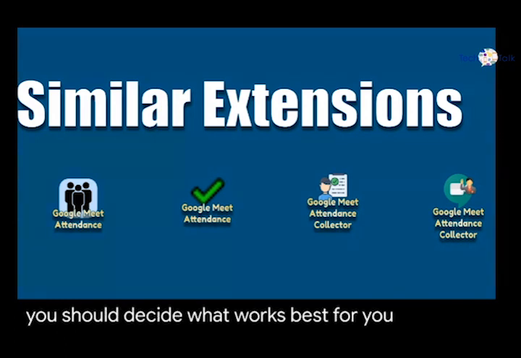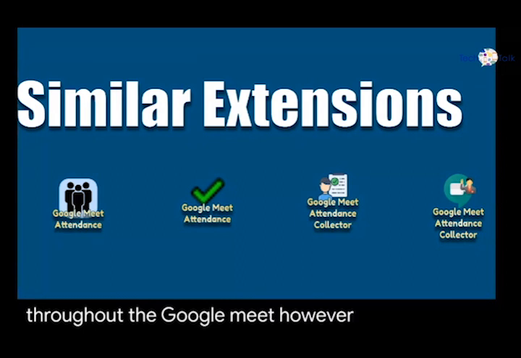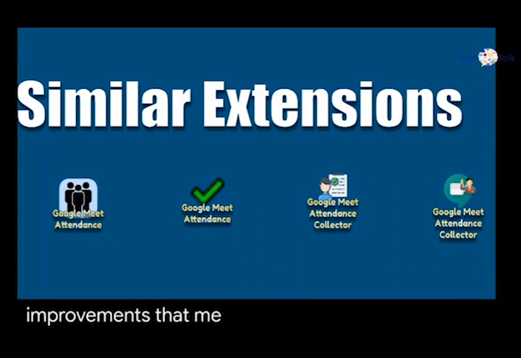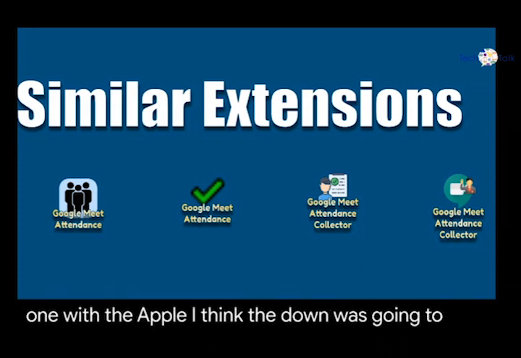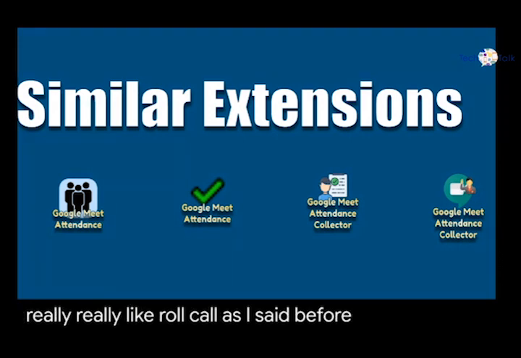Just take a look and you should decide what works best for you. Out of all of these, I like the layout for Roll Call the best, but again, you can only take the attendance once throughout the Google Meet. However, looking at the improvements that Meet Attendance has made, the one with the apple, I think that one is probably going to be the best to utilize, even though I also really like Roll Call, as I said before.